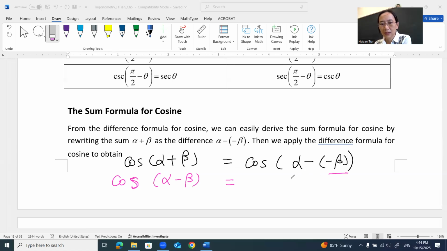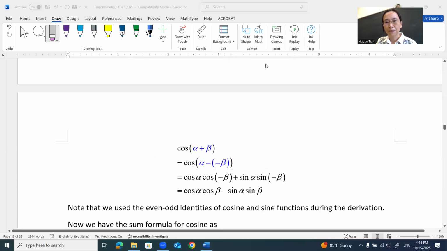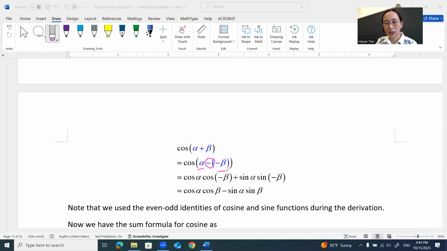You see, that's the difference in the middle. So the sum can be viewed as a difference. So we can simply apply the difference formula of these 2 angles for cosine.